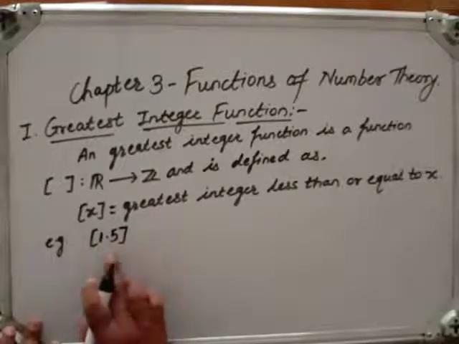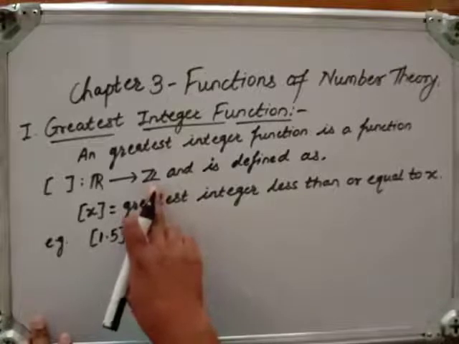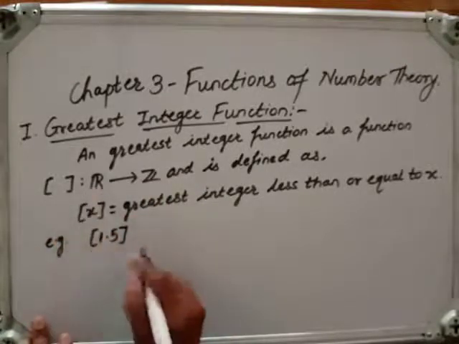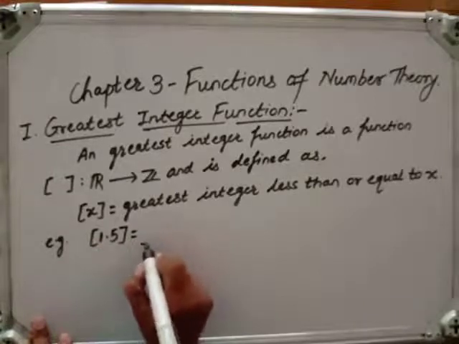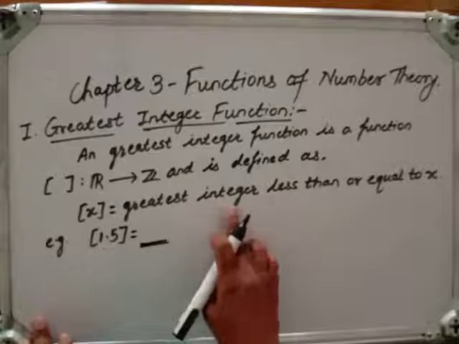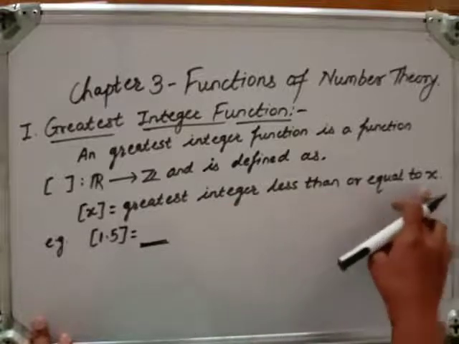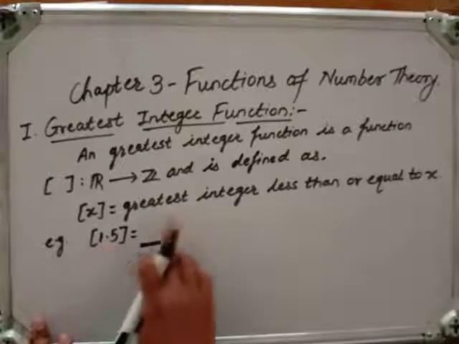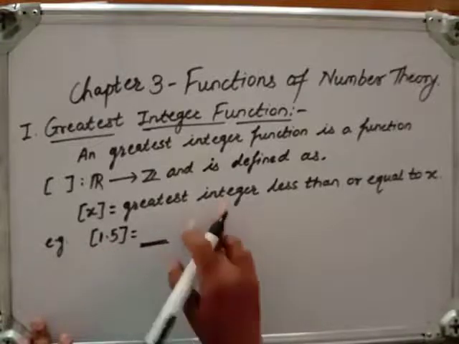So here the codomain is the set of integers. So this is a real number. So we have to take such an integer as the answer, which is less than or equal to x. Either it is equal to or less than x, but it should be an integer.